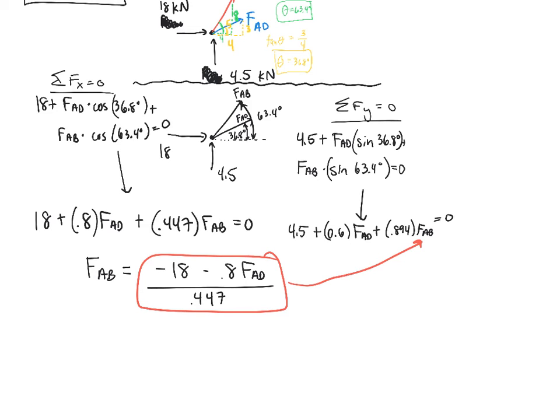So this equation becomes, let's see, 4.5 plus 0.6 FAD. And then the rest of this is just going to be messy. What do you set that to? So we're going to plug in the whole thing and it's still equal to 0.